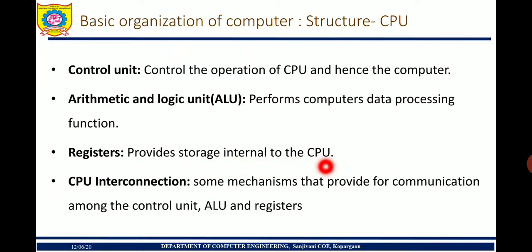Whenever the CPU wants to do any kind of processing, first that data is brought into a register and then it is processed. CPU interconnections are some mechanism provided for communication among the control unit, ALU and registers, or you can say a CPU internal bus for carrying data from one unit to another unit.